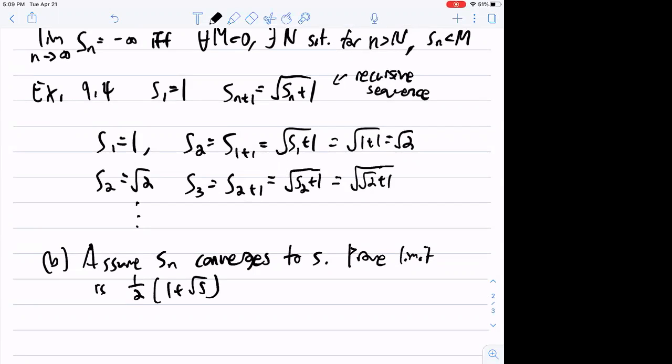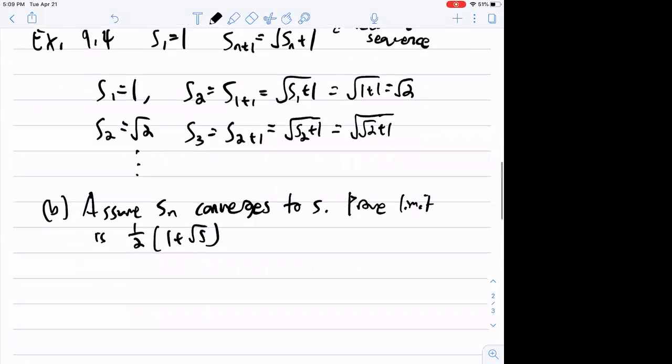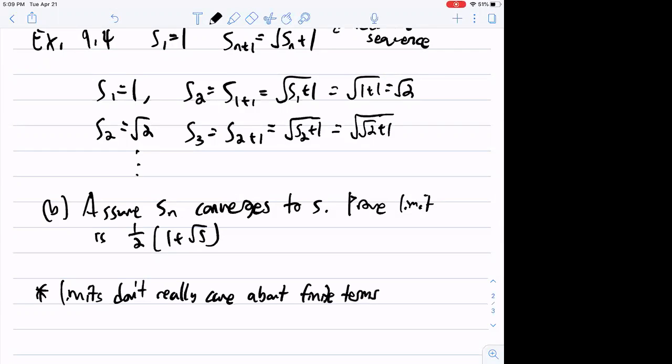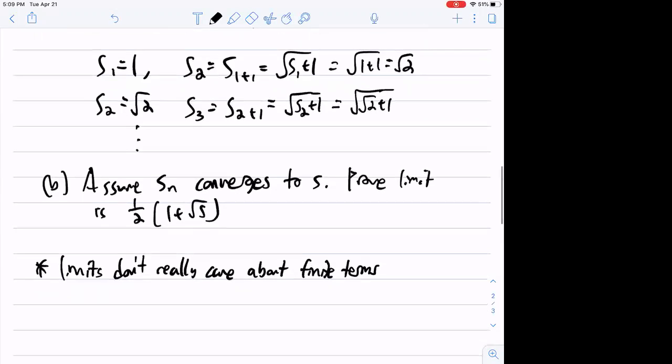So let me do a quick thing. Limits don't really care about finite terms, right? So what I mean is, let's assume the sequence, I think the book assumes the sequence starts at S1, right?